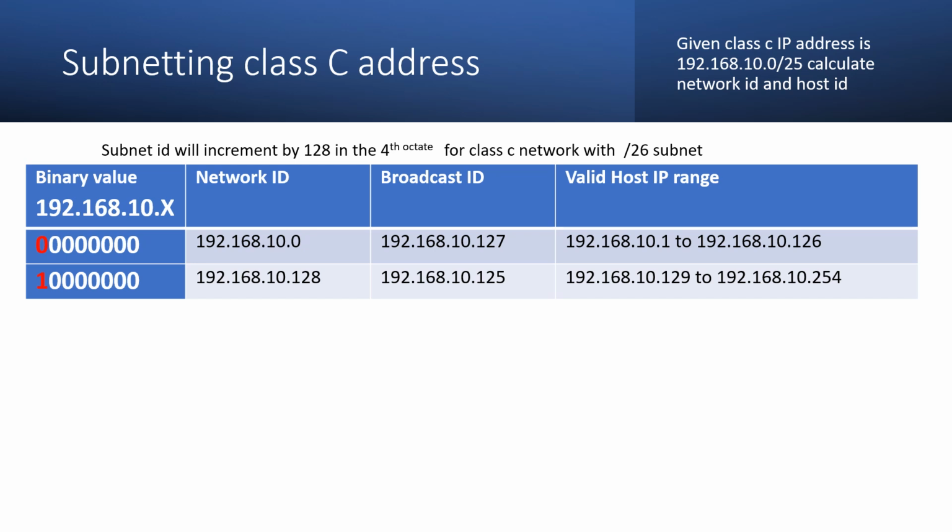Then for the broadcast ID, it'll be minus 1, so 128 minus 1 is 127, and then 255. Last but not least, it's the same thing: the network ID plus 1 to the broadcast ID minus 1. So it'll be 1 to 126, and then 129 to 254.